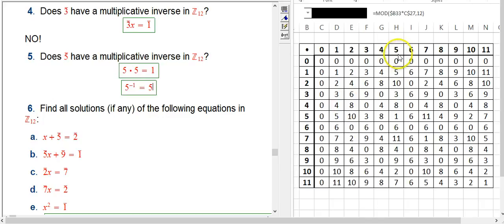5 times 5 is 25 ordinarily. Reduce mod 12. Yeah, you subtract 24 and you get 1. So this is a very interesting fact, that you can solve 5x equals 1, and it's actually 5 times 5 equals 1. It's another surprising equation. Okay, so we can take that further. We can start solving equations in general, or trying to solve equations in Zmod 12.